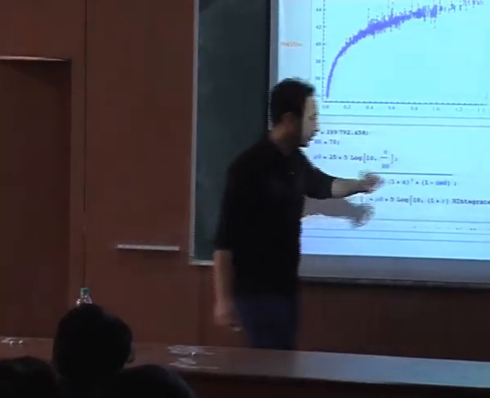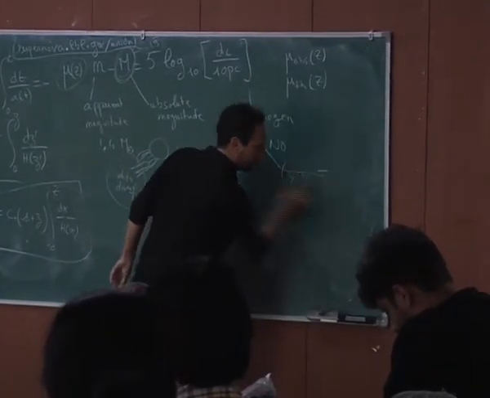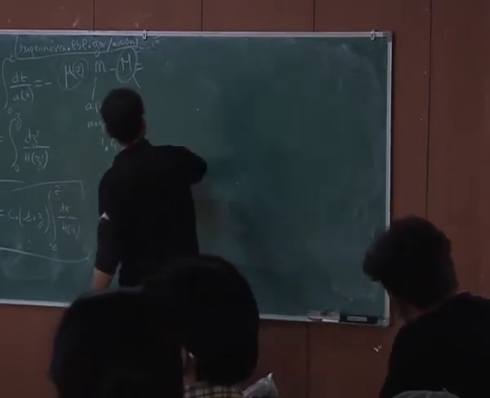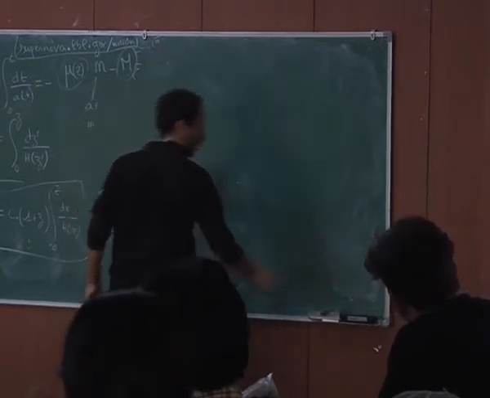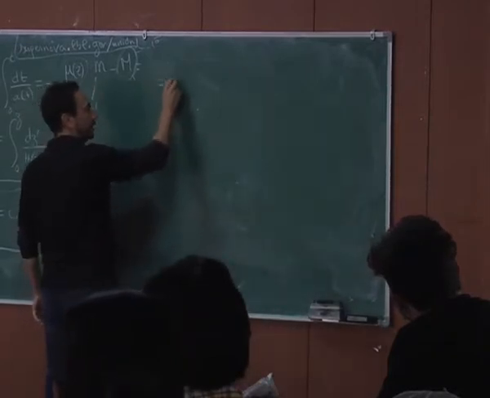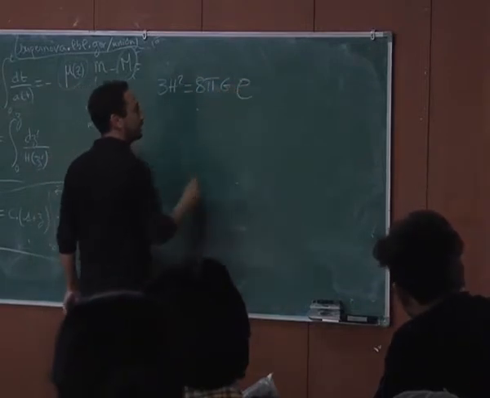Maybe just to explain which model I consider. So this is the model I was talking about yesterday. This comes from the Hubble function. The Hubble function tells us that 3h squared is equal to 8 pi g times the density.